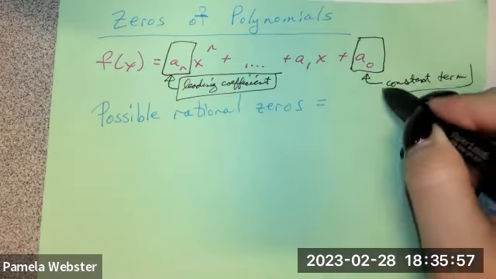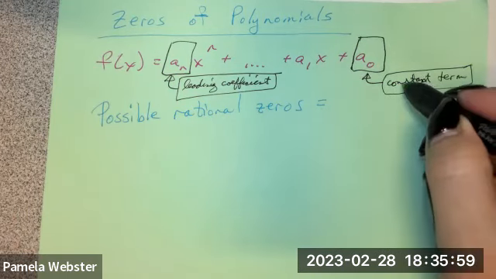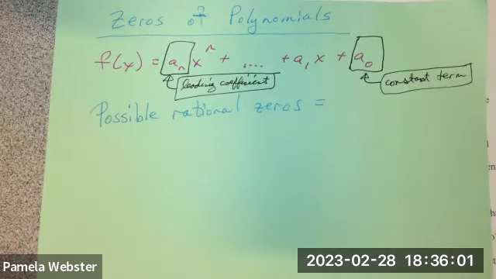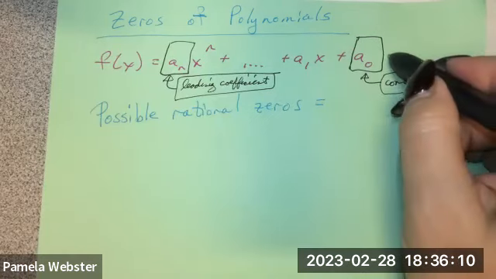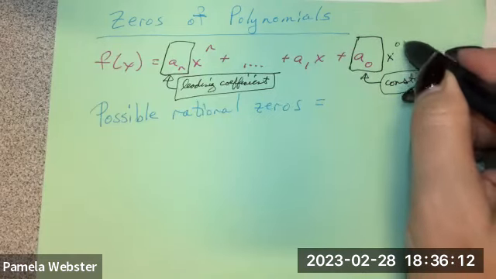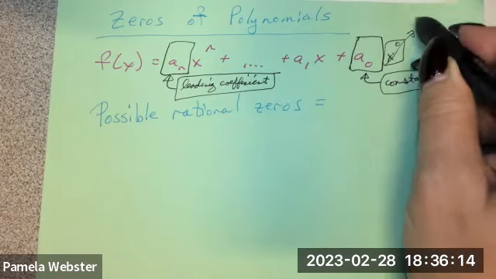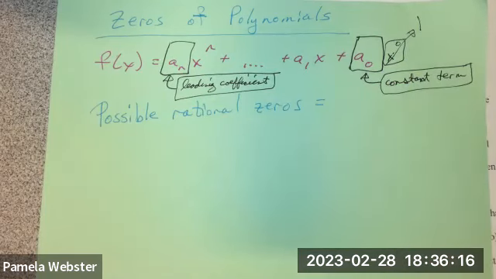That's going to be some number at the back, if there is one, that has no x attached to it, right? Technically, it could be x to the 0, which is a 1. So it's just a constant sitting out there, just a number.